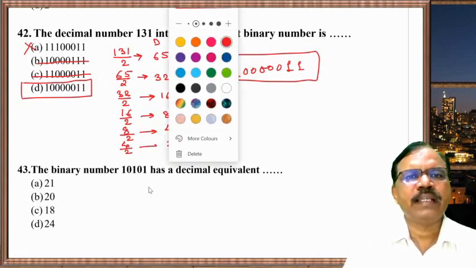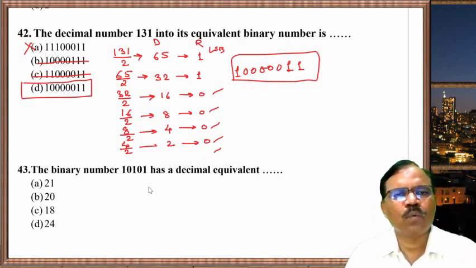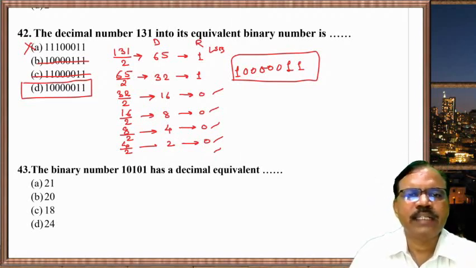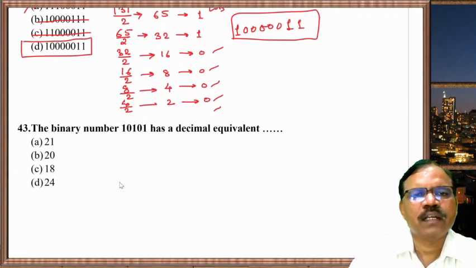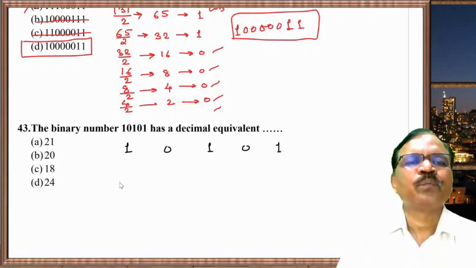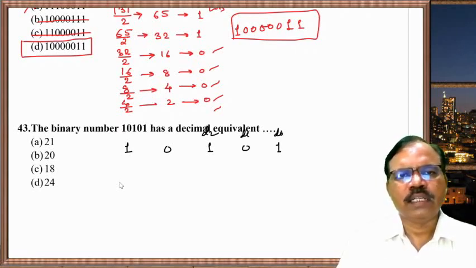The binary number 10101 has a decimal equivalent. Now see here, this number is 1, 0, 1, 0, 1. We have to convert this into decimal. So this is D0, D1, D2, D3, D4.